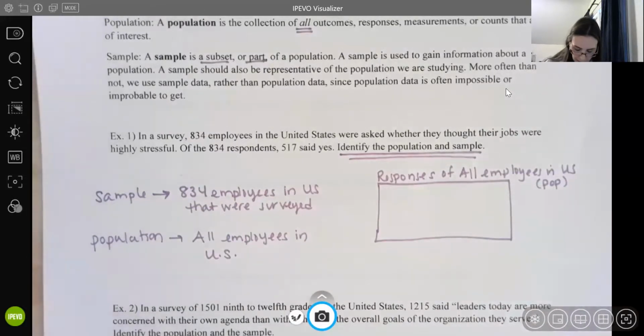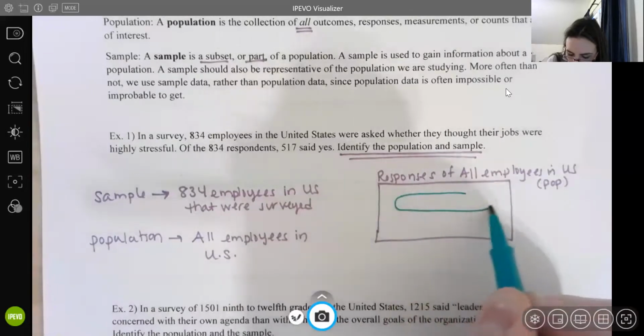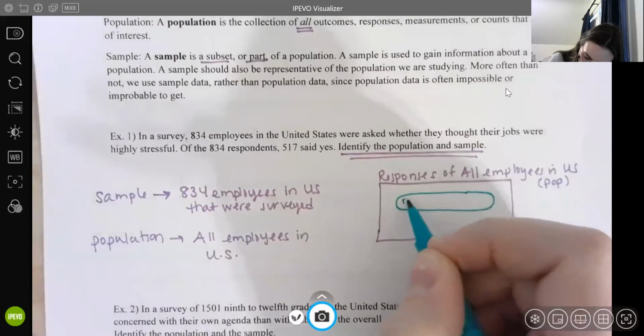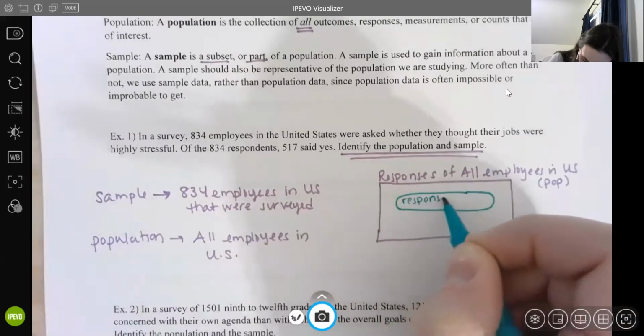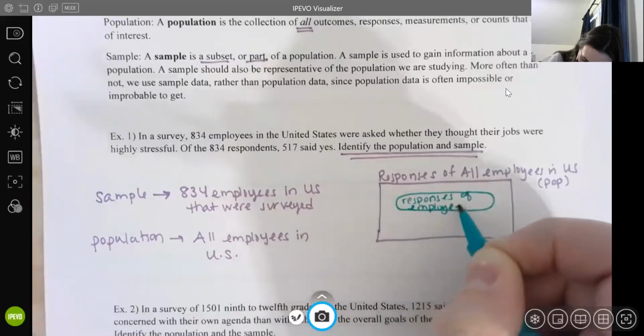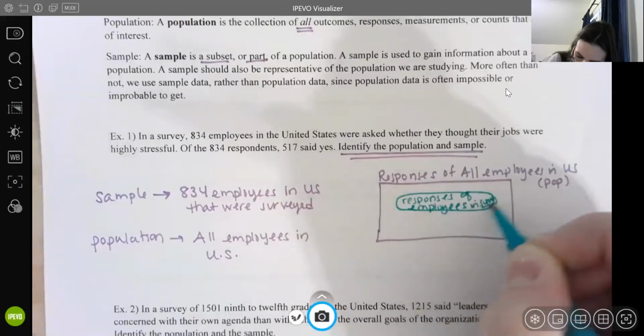And then what happens is, within that group, there's a subset of the people from our survey. So these are the responses of the employees in, running out of room here, the survey.